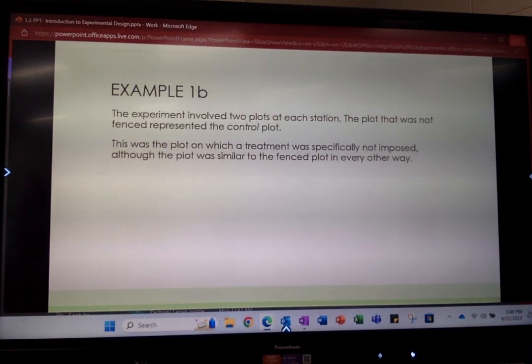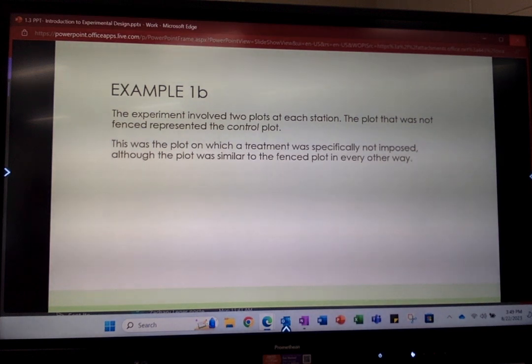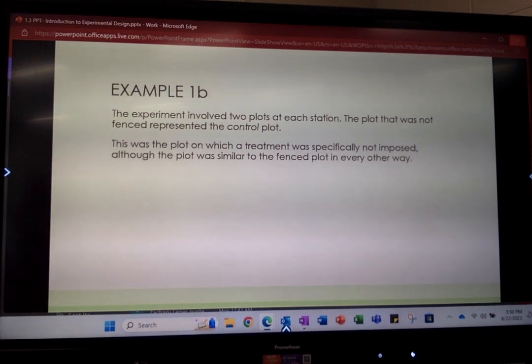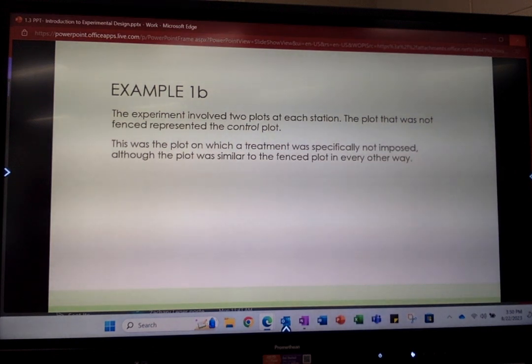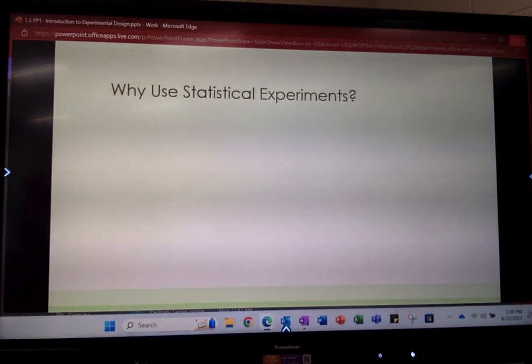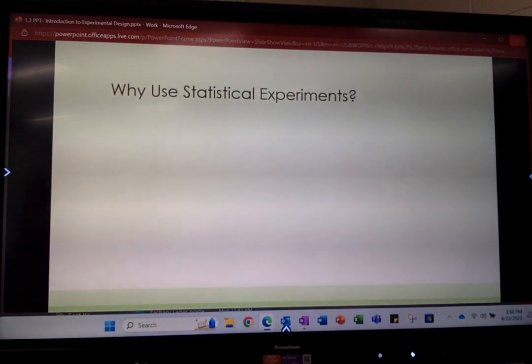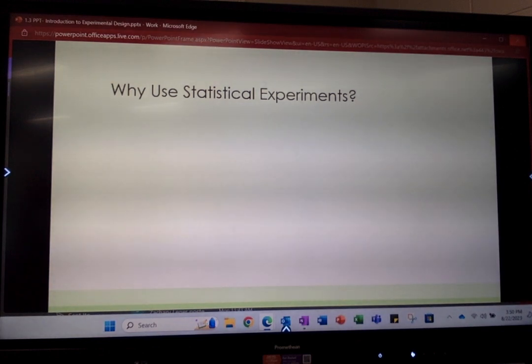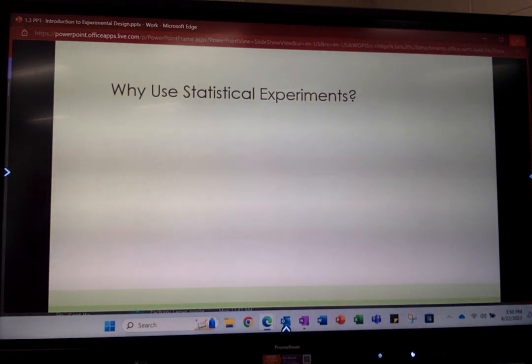The experiment involved two plots at the station. The plot that was not fenced represented the control plot. This was the plot on which a treatment was specifically not imposed, although the plot was similar to the fenced plot in every other way. So in a statistical study, okay, you have what's called a control group and you have a treatment group.